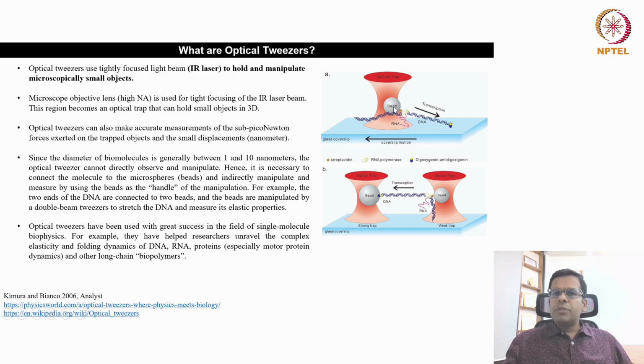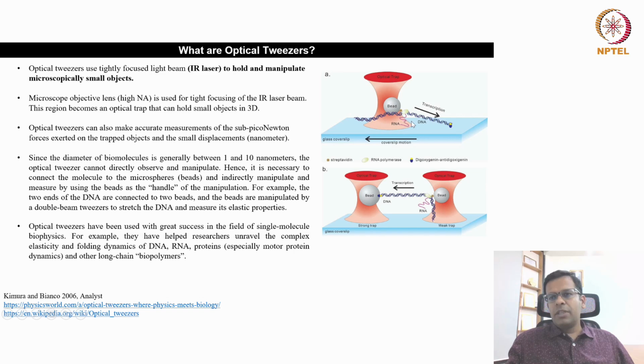So how can you use it in biology? You can coat this dielectric bead with biomolecules, maybe DNA, protein, or RNA, and then using the laser you can pull or push this bead, or measure the force applied on the bead because of the conjugated biomolecules like the DNA, RNA or protein.